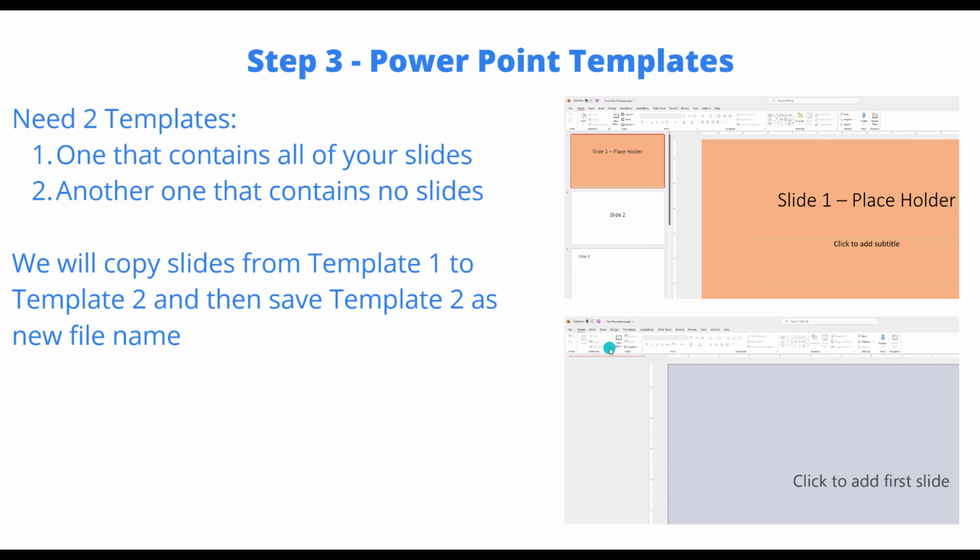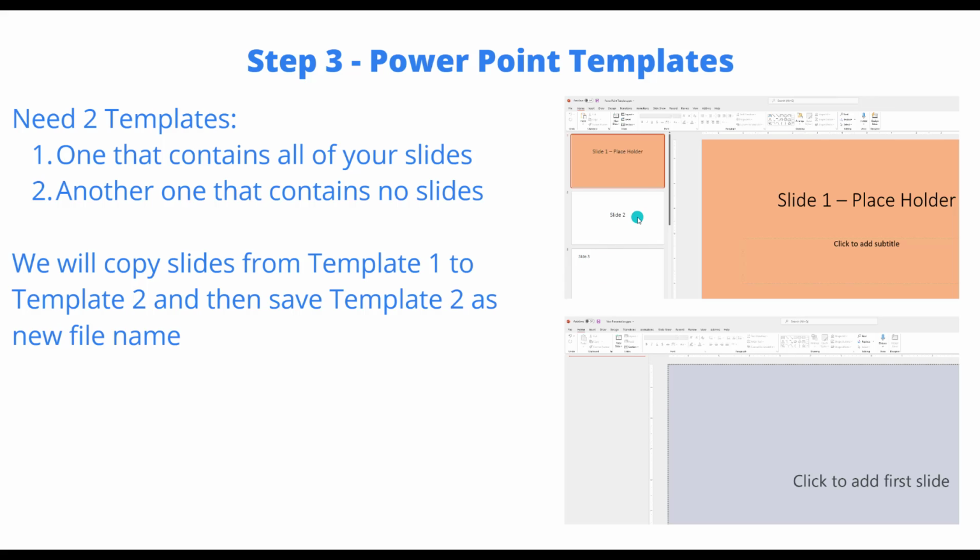Then the other presentation we need is basically going to be blank. Whenever you create a new PowerPoint presentation, there is a blank slide. I even got rid of that so that we just have this shell of a template. So what we're going to do, as you saw in the video, is get into presentation mode, navigate to the slide that we need by entering the slide number plus enter.